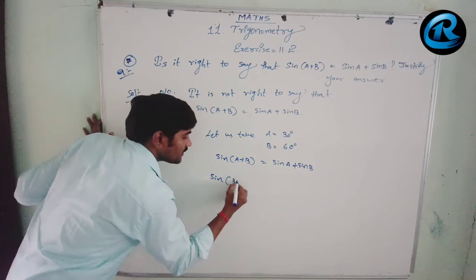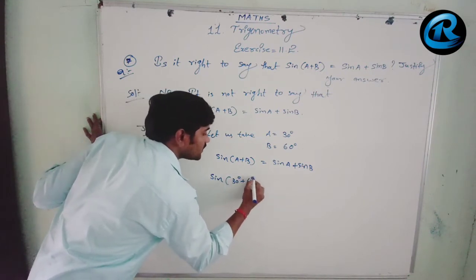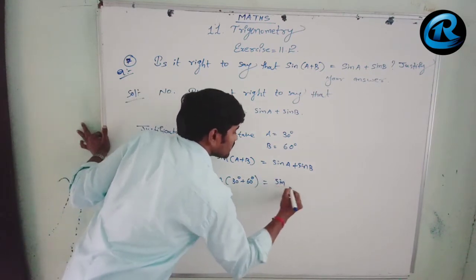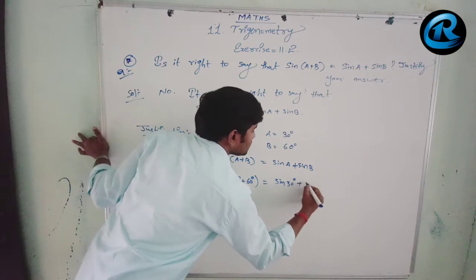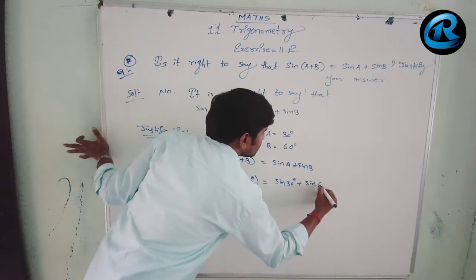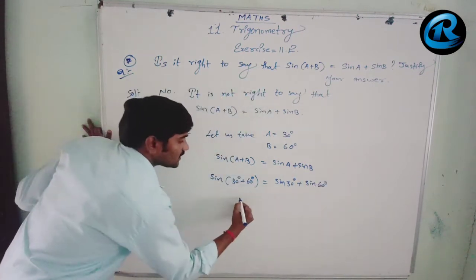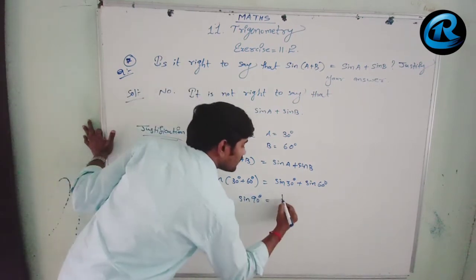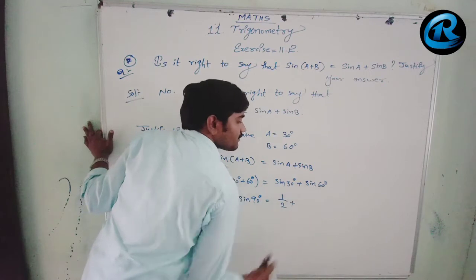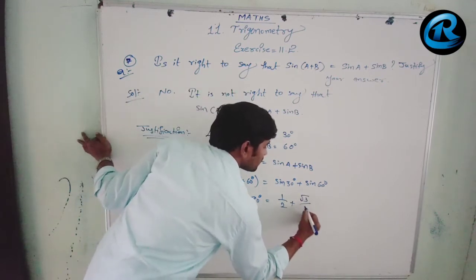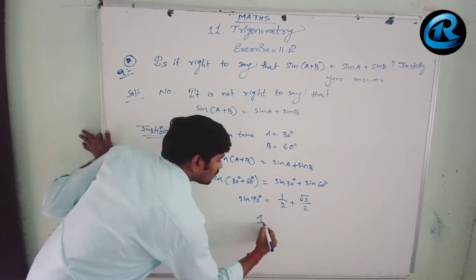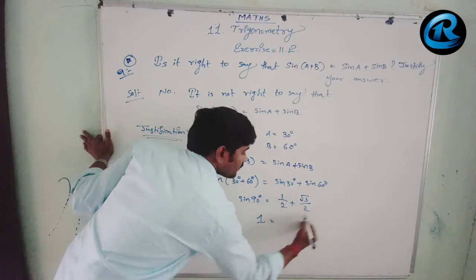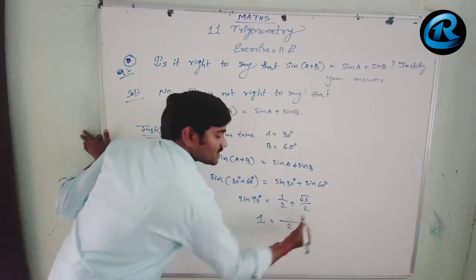Sin of A equal to 30 degrees and B equal to 60 degrees: sin 30 degrees plus 60 degrees is sin 90 degrees, and RHS is sin 30 degrees plus sin 60 degrees. Sin 30 degrees value is 1 by 2 plus sin 60 degrees value is root 3 by 2. Sin 90 equal to 1. Here you get LCM as 2.